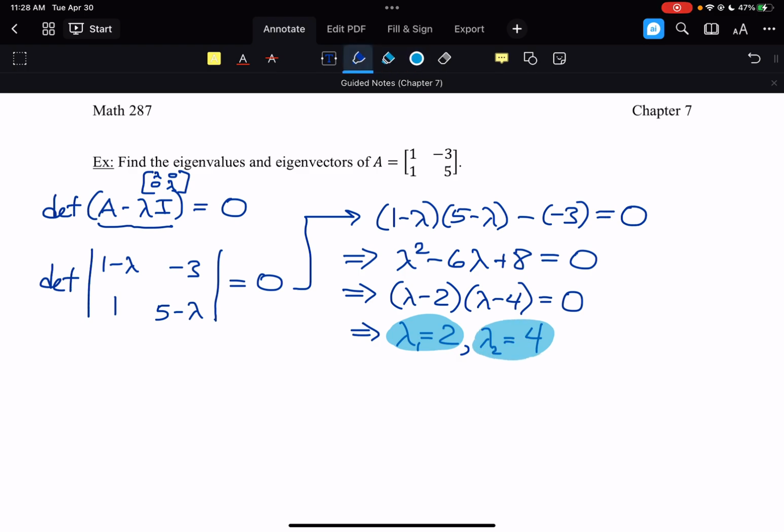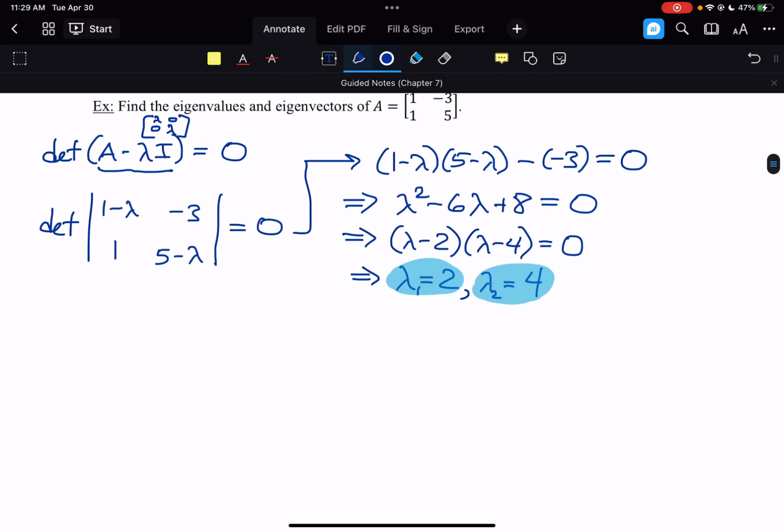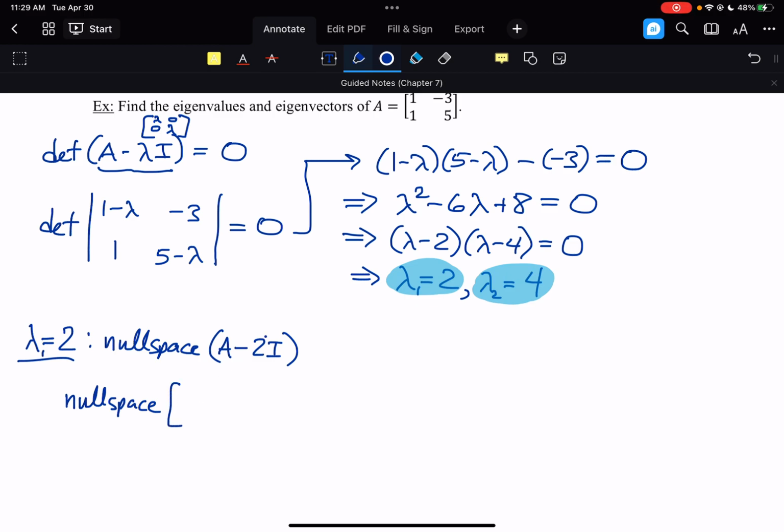And now we need to find the eigenvectors that correspond with them. So we're going to go lambda 1 is 2. So we'll do this one first. So we're looking at the null space of A minus lambda I. So this is A minus 2I in this case, which essentially is just telling us to subtract 2 off of the main diagonal instead of lambda.